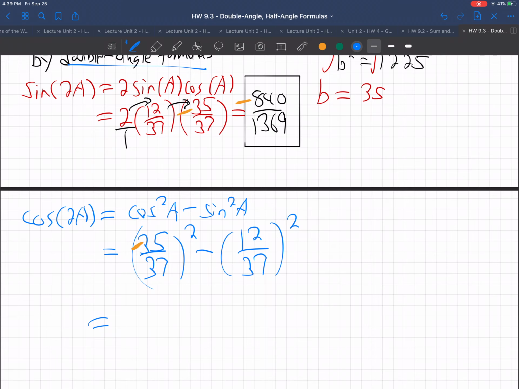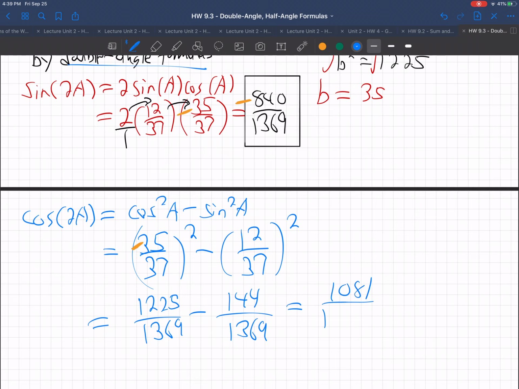Let's see here. 35 squared, I'm getting 1225 over 37 squared is 1369, minus 12 squared over 1369. Subtract those. 1081 over 1369. So this one became positive. There is our answer for the cosine of the double angle.